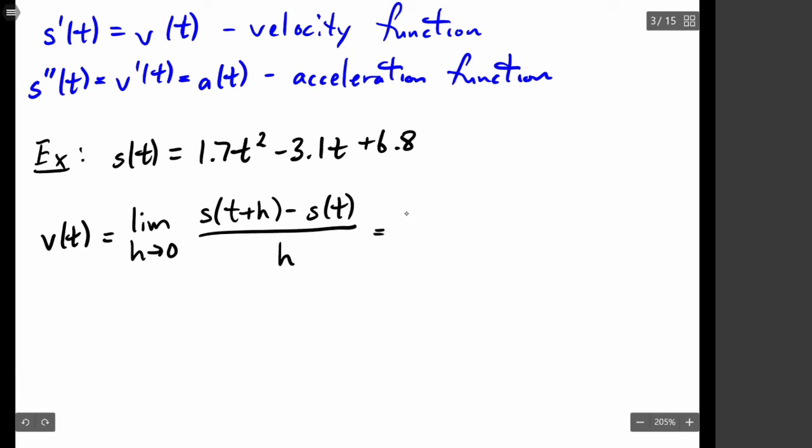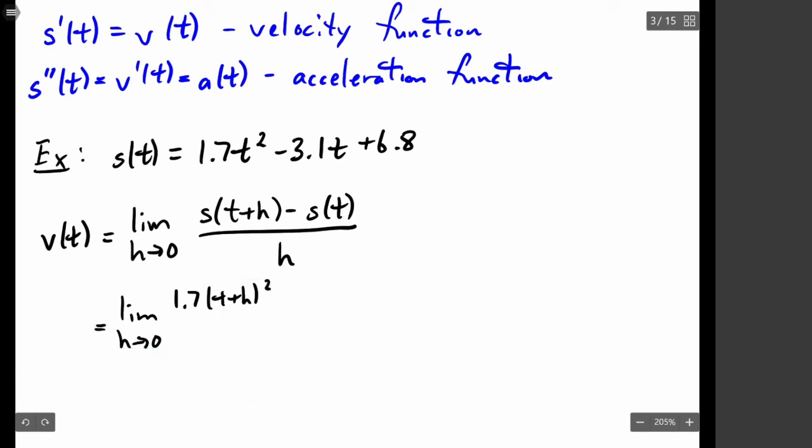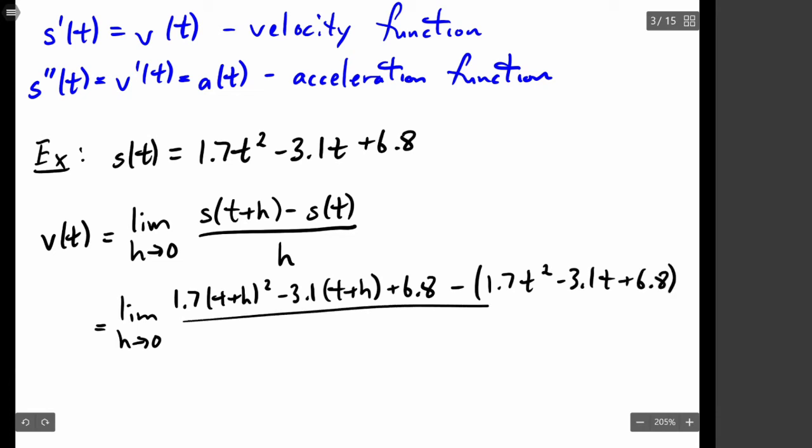So this is the limit as h goes to 0 of 1.7 times t plus h squared minus 3.1 times t plus h plus 6.8, and then minus just s of t, 1.7 t squared minus 3.1 t plus 6.8, all of this over h.